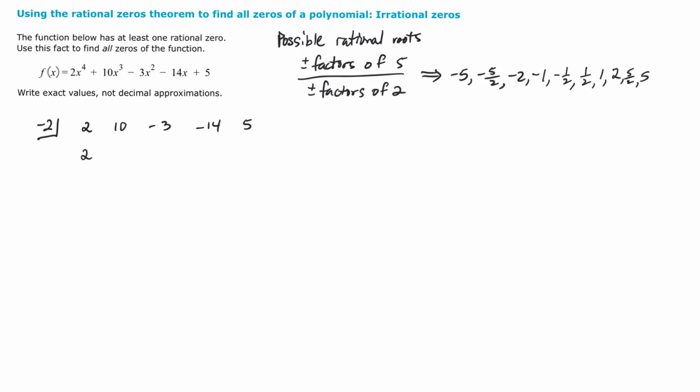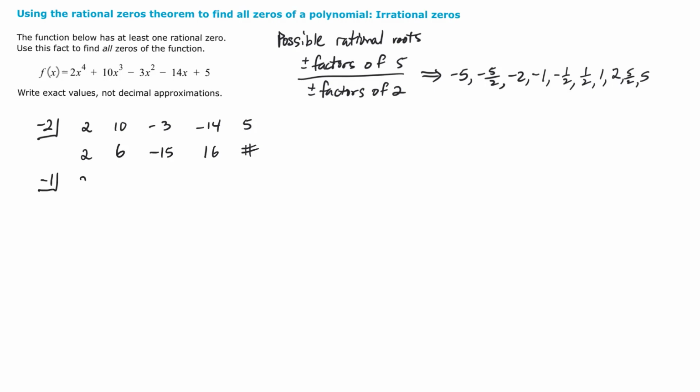Then 6 times -2 is -12. Add it to -3, we get -15. -15 multiplied by -2, we get 30. 30 added to -14, so we got 16. And notice this isn't good. We don't get 0 as a remainder. So -2 doesn't work.